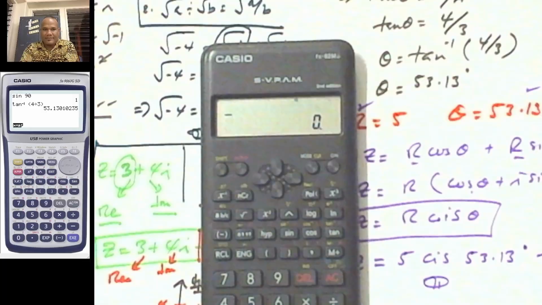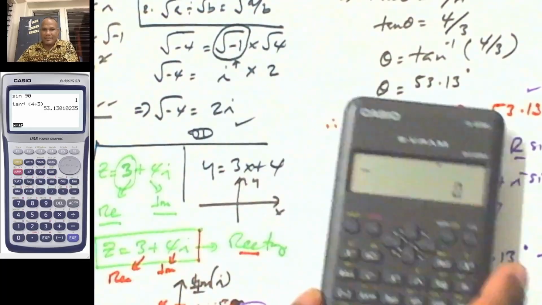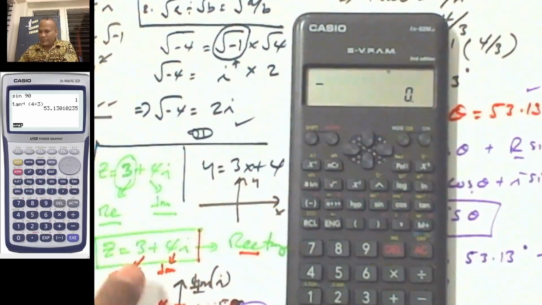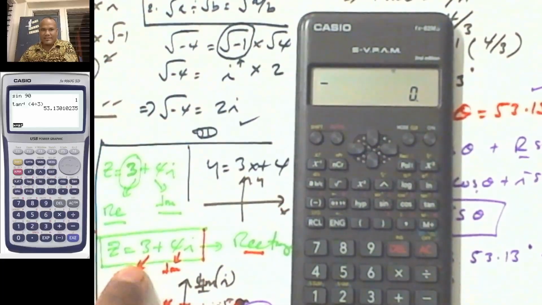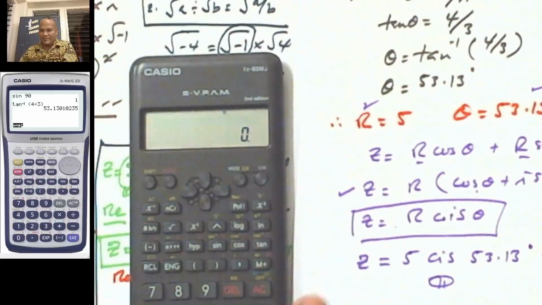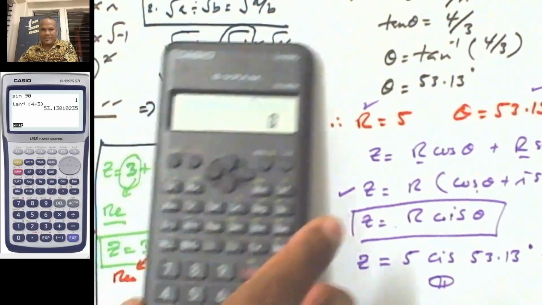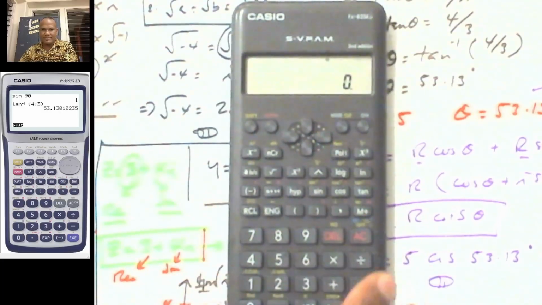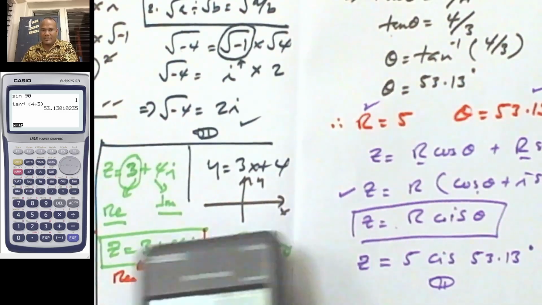We want to convert this value Z is equals to 3 plus 4i to come to this value. So let's press this in the calculator.